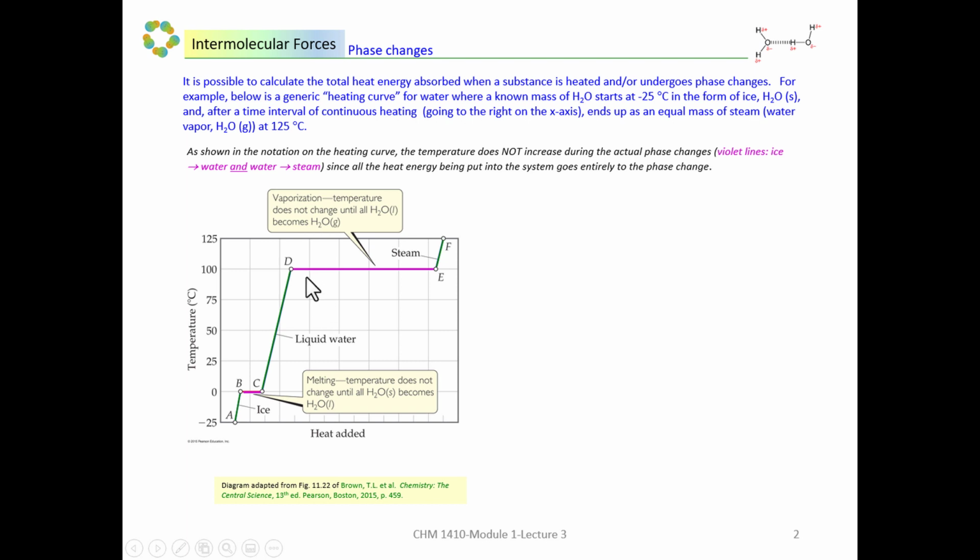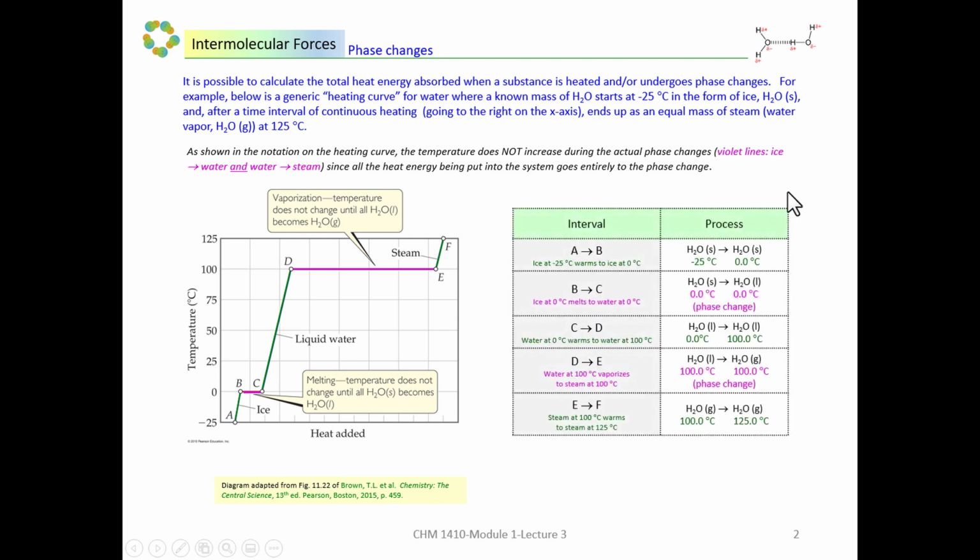That's because all of the heat energy in those sections of the heating curve represents the energy input required to get a phase change. So here it would be the energy required to melt the ice at 0 to water at 0, and here it would be to vaporize the liquid at 100 entirely to steam, or water vapor, at 100.